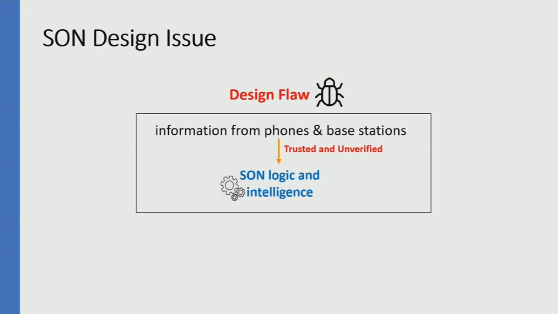So there could be lots of problems with these phones. The base stations or the SON depend on the information that's collected from these phones, and without verifying it, they trust that information and use it to generate new configurations. This is some kind of design flaw we found, and then we wanted to exploit it.